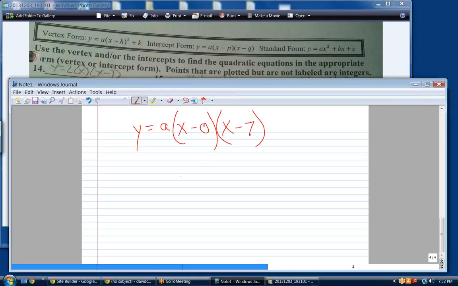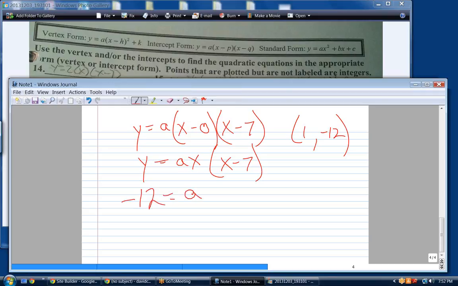What do we do with those? So right now we got y equals a times x times x minus 7. And the point is 1 comma minus 12. You'd sub in the negative 12 for the y, and then you'd put the 1 for the x. Okay, so we got minus 12 equals a times minus 6.